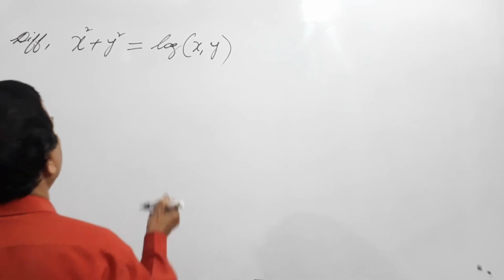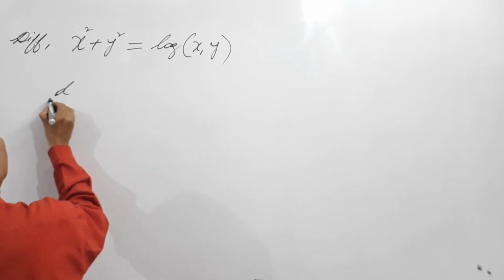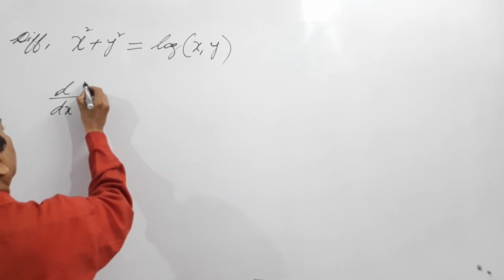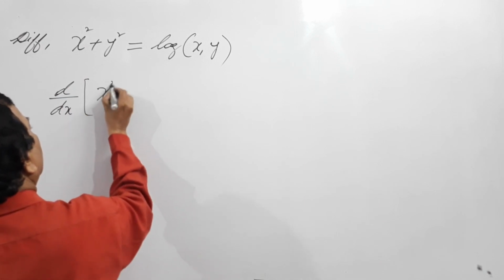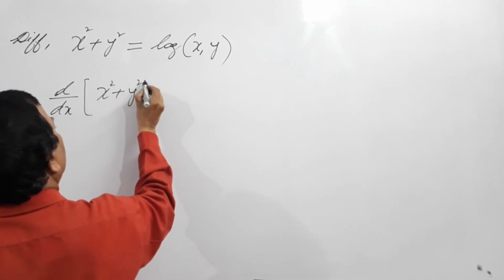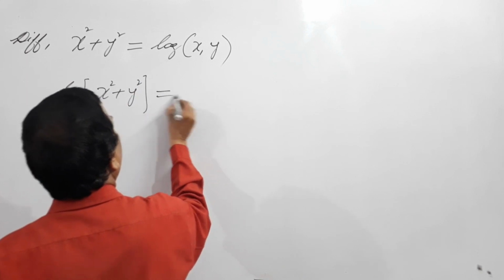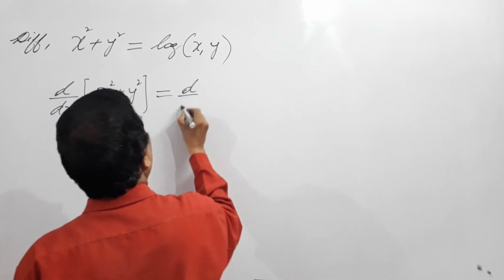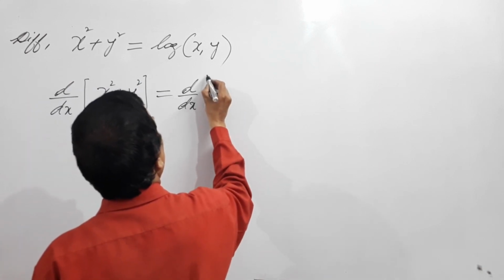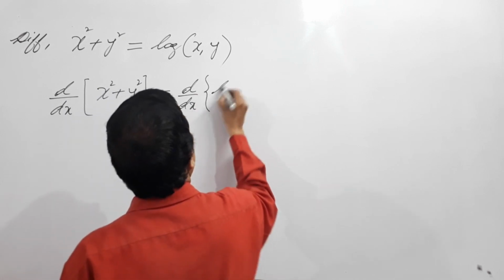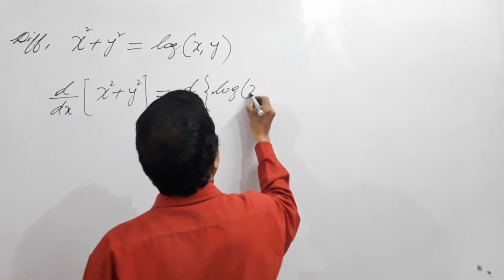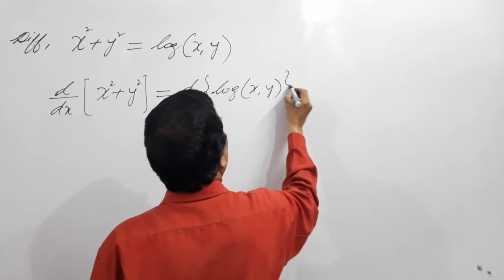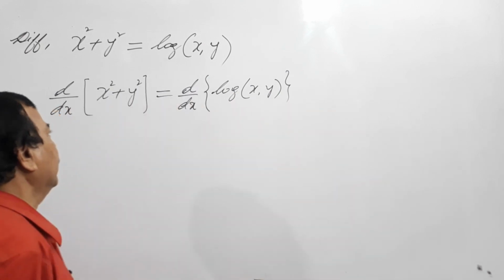So we'll differentiate this, that is d by dx of x square plus y square equals to d by dx of log x comma y. So this is a product rule here.